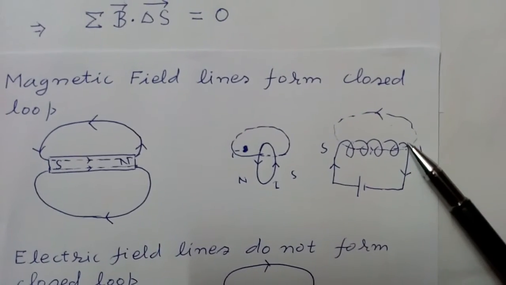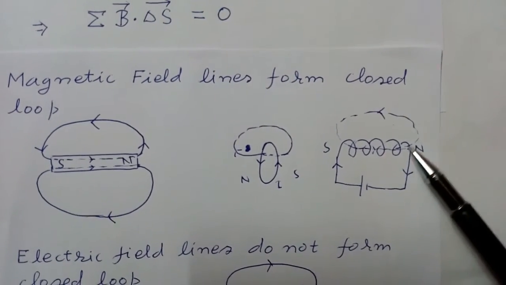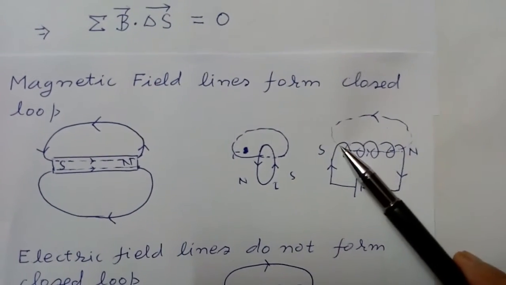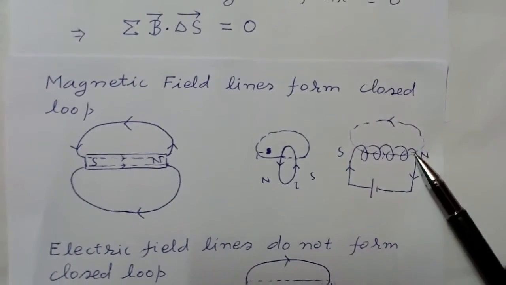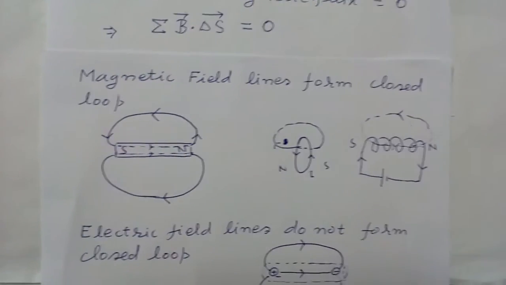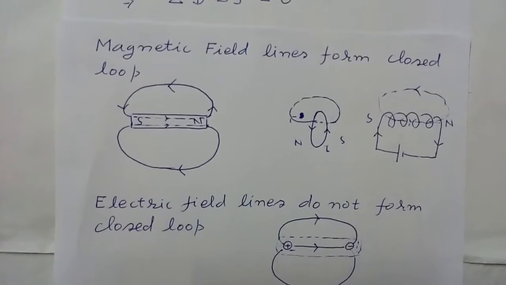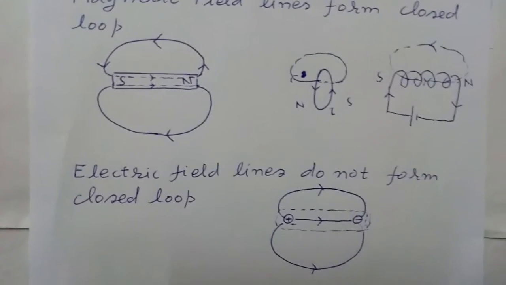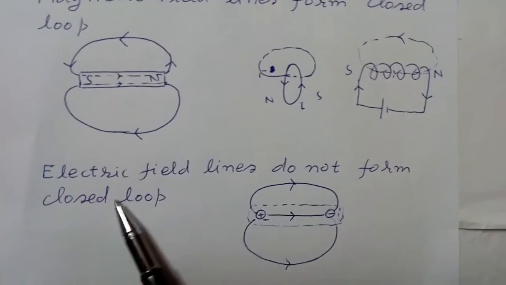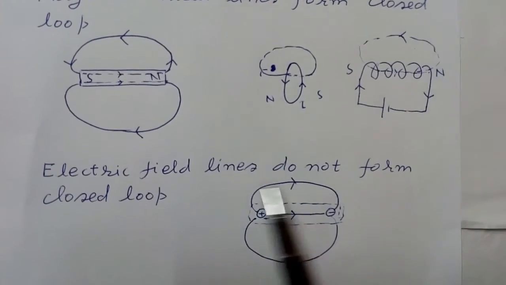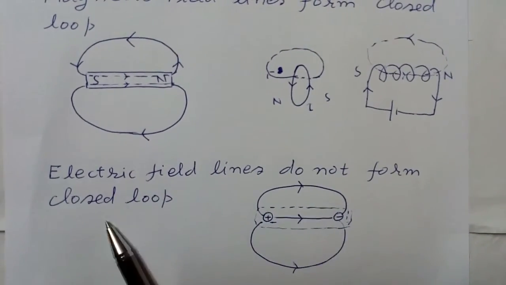So outside the solenoid, direction of magnetic field is from north to south, and inside the solenoid this is from south to north. So magnetic field lines form closed loop, therefore net magnetic flux is 0 through a given closed surface.